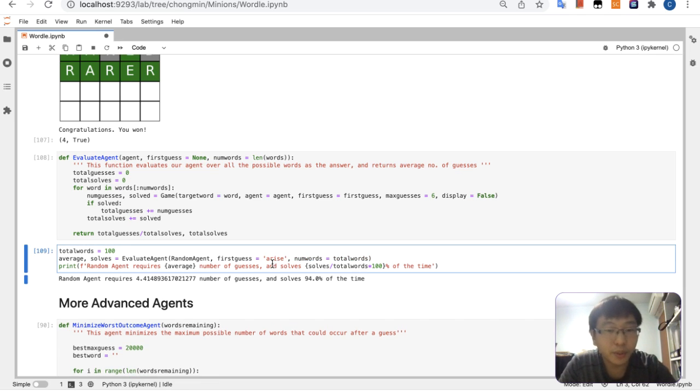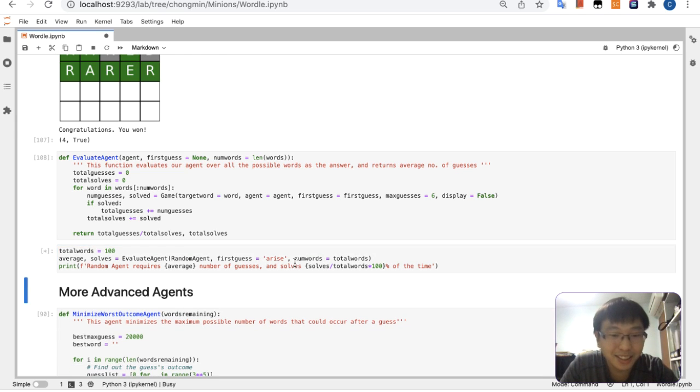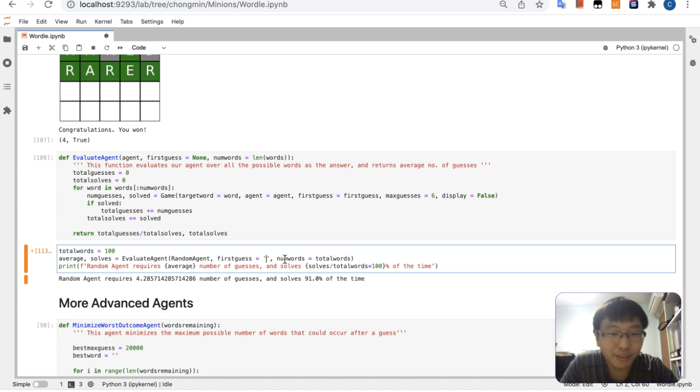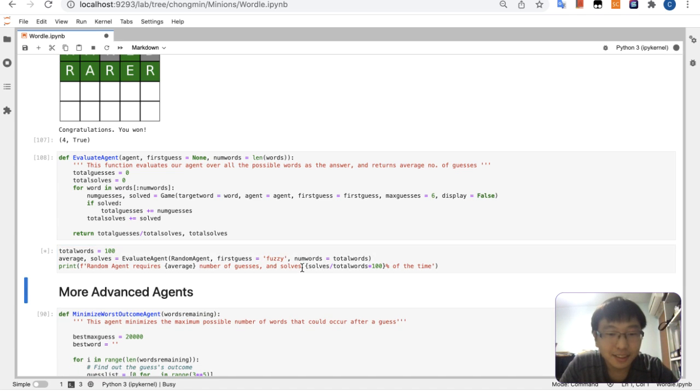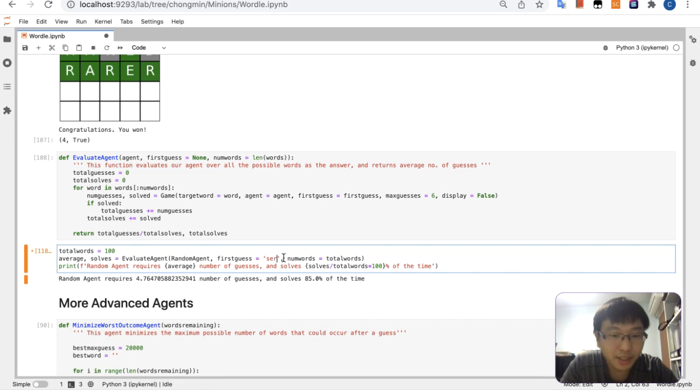Let's see how well. Oh, you see, 94% of the time. Oh, you see, we're just changing the first guess. It solves so much. Okay, I mean if you try a very crappy guess like fuzzy, yeah, you expect it to solve fewer times, I believe. Yeah, so on average it's not. So we try Sarai, and it's like arise.